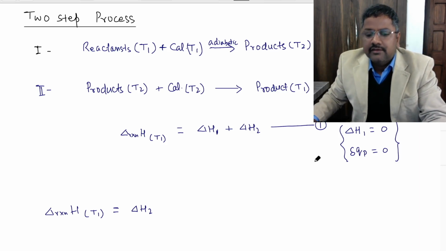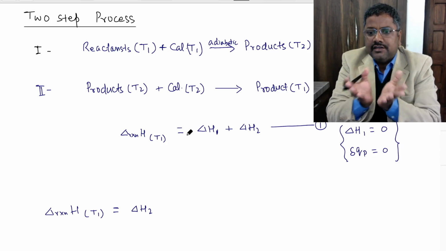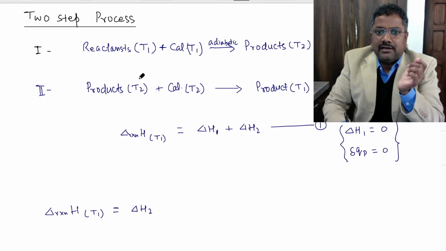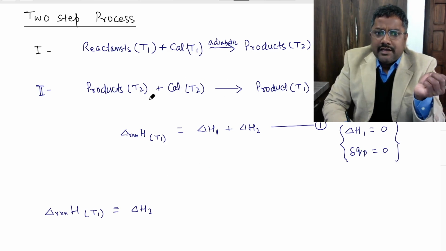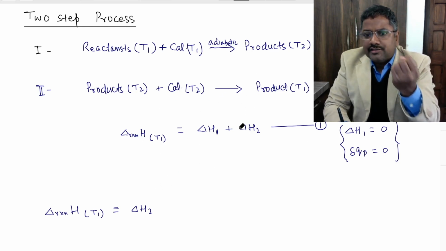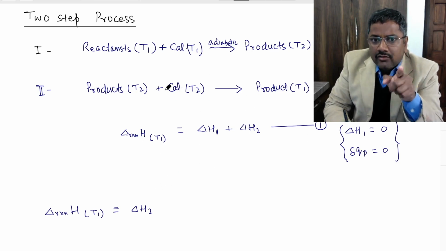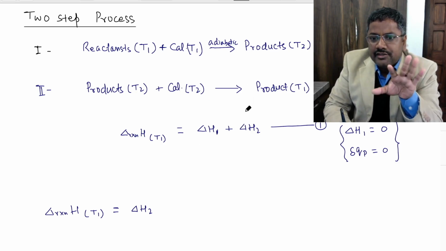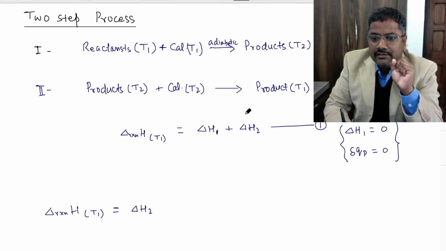Clear to everybody? Good. So delta H of this reaction is basically the cooling of products from temperature T2 to T1. In this step there may be many small steps involved. All those steps are involved here, which involve the release of energy, like resonance, like phase transition, right?